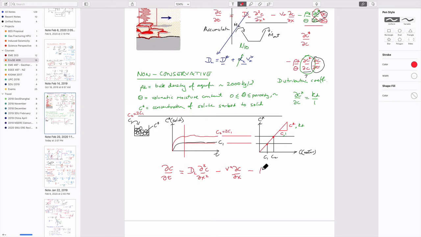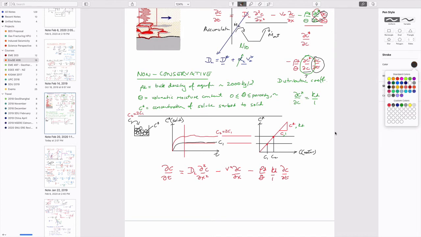It's going to be density divided by volumetric moisture content. I'm going to put the part which is in the red here, which is in the green here, together, which is going to be Kd over 1 for this, and multiplied by change in concentration with time.